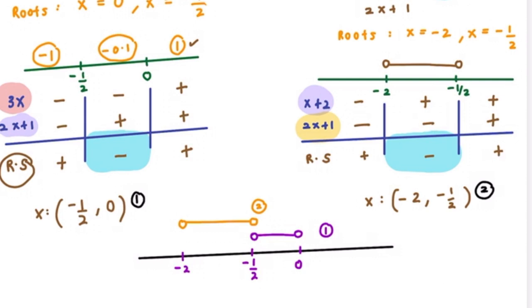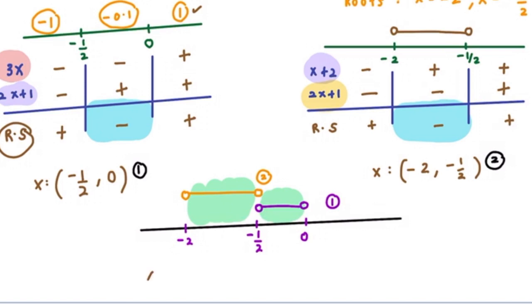So how to combine? Combine means just take everything. You have to combine all your answers. So combine everything. So this is your answer, and then this is also your answer. Exclude that empty circle. So how to write your last answer?